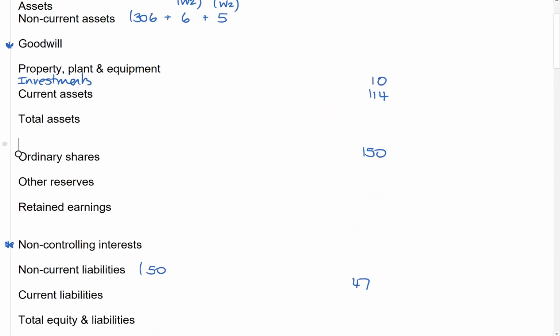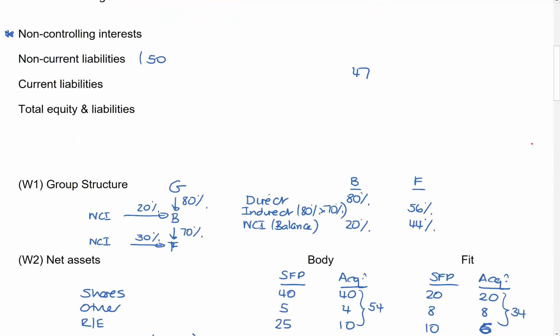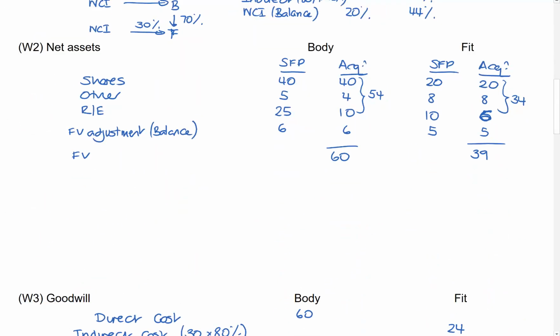So I'm going to say here that we have intangibles which at the date of acquisition had a value of 5 million. If I'm going to increase intangibles by 5 million in assets, I must increase my net assets in the equity section.